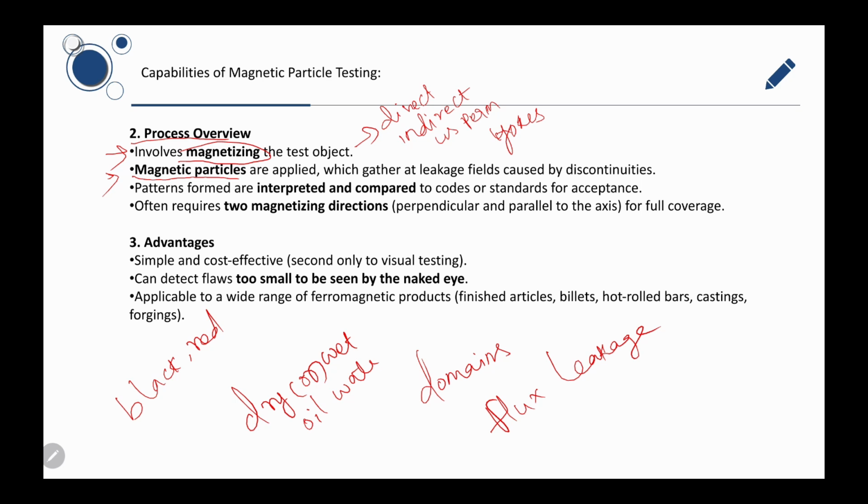In the fluorescent method, particles glow under UV light for better visibility. The particles are attracted to flux leakage areas, the points where the magnetic field escapes due to the flaw. That is the second point.